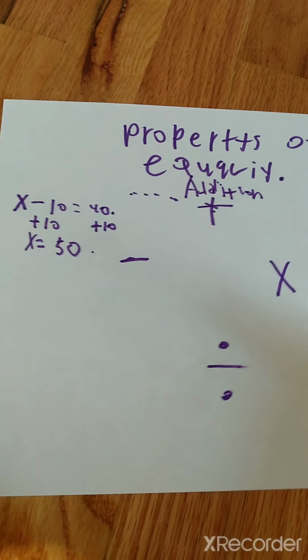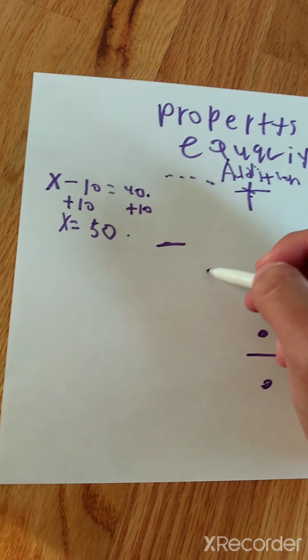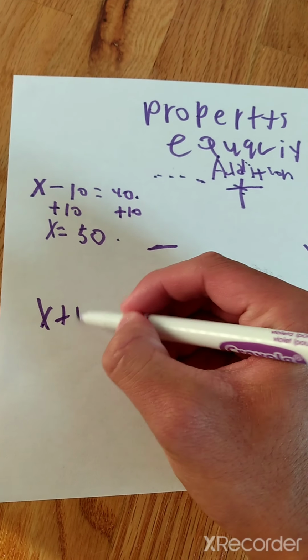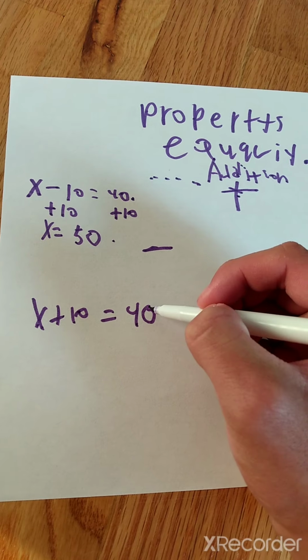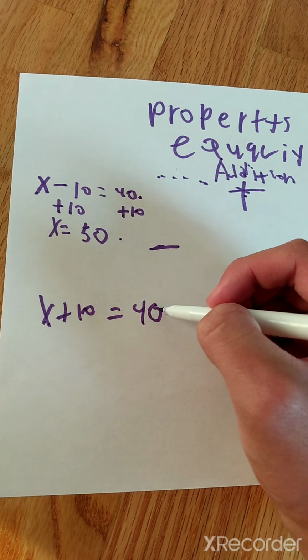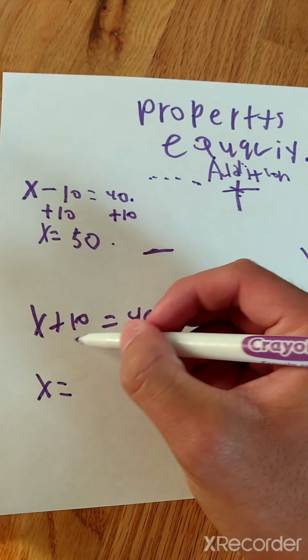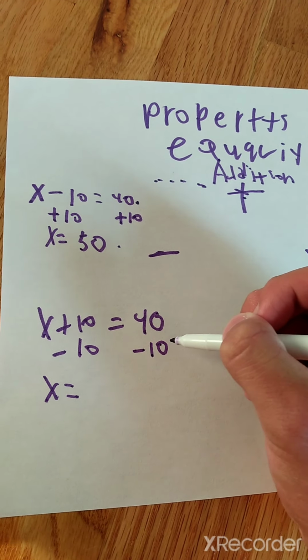Let's now do subtraction. Subtraction is actually a complete opposite of addition. Because if we have x plus 10 equals 40 instead, what we're going to have to do is get x alone again, but subtract 10 from this side and subtract 10 from that side.